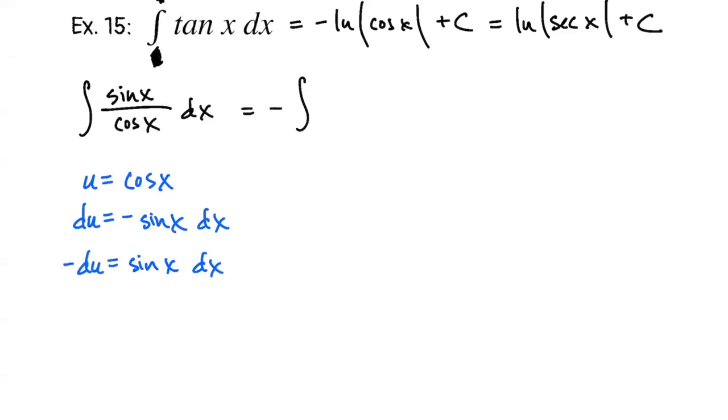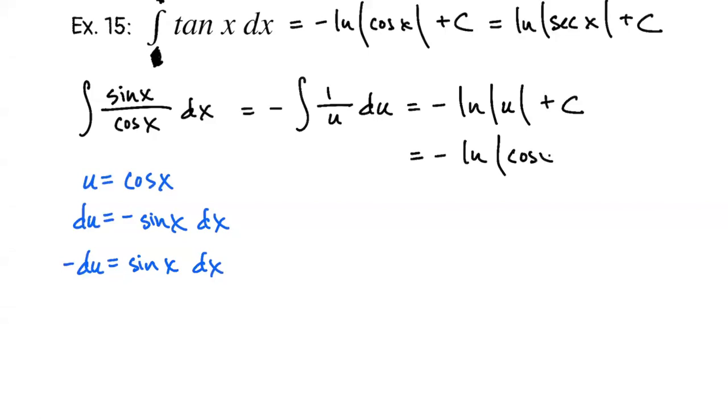Negative the integral of 1 over u du. Negative natural log of the absolute value of u plus c. Everywhere I see a u, I'm going to replace it with cosine x.